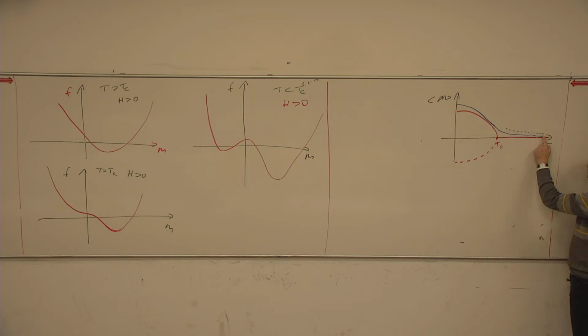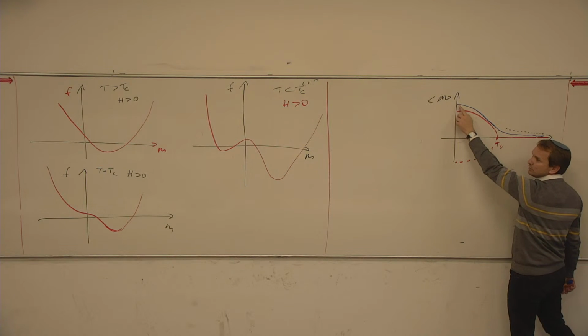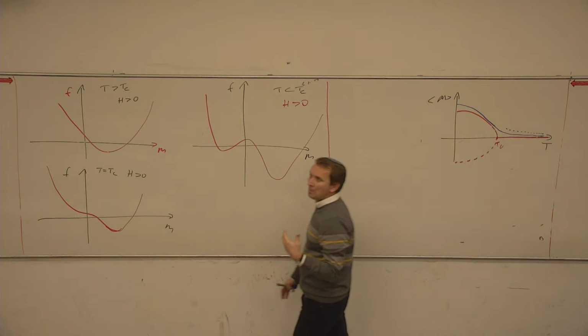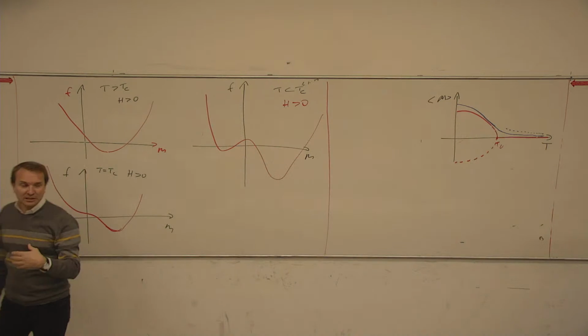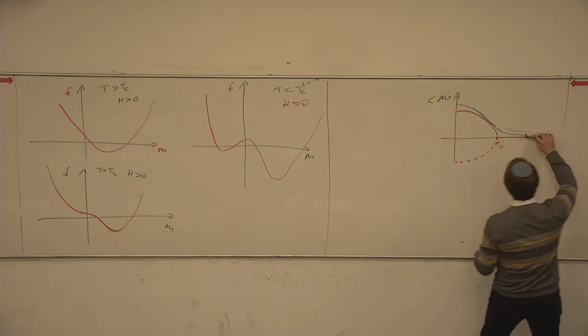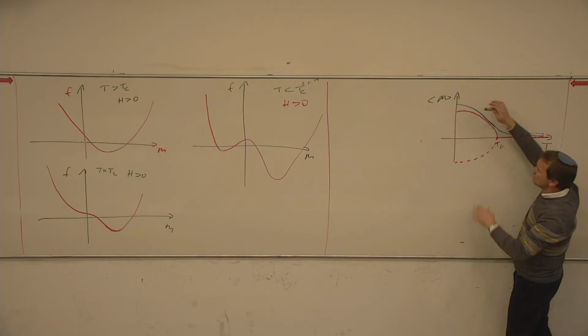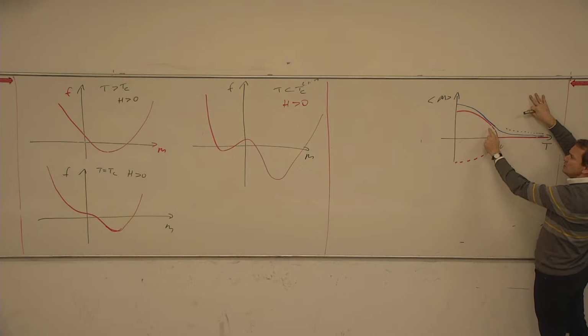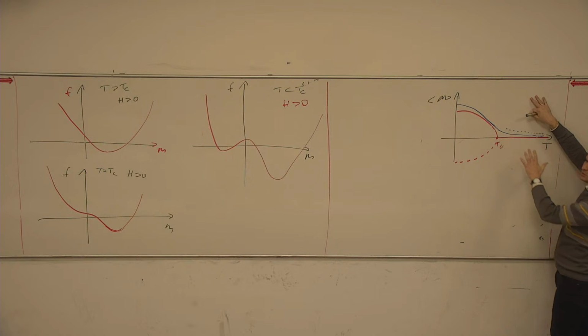It was ordered over here, it was ordered over here, and it's still ordered over here. So when we apply an external field, there is no phase transition. Everything is smeared out, right? So we do see that there is some sort of a rise up that appears over here, but the transition is smeared. So this specific point that we observed before, that it was 0 and then non-zero afterwards, is absolutely smeared. Right?